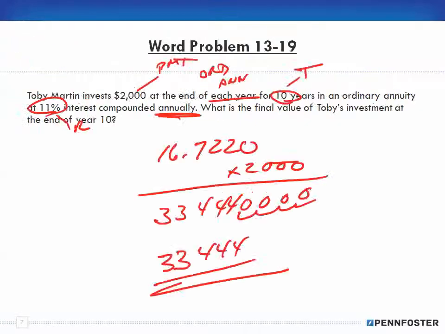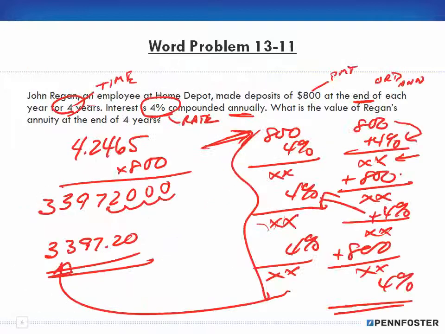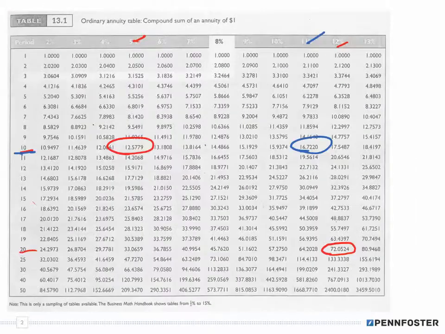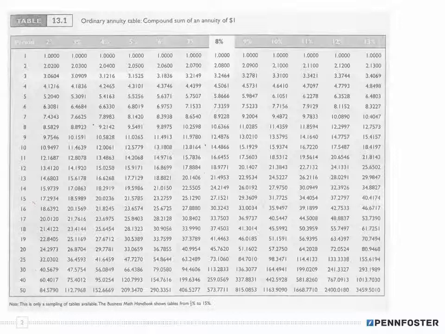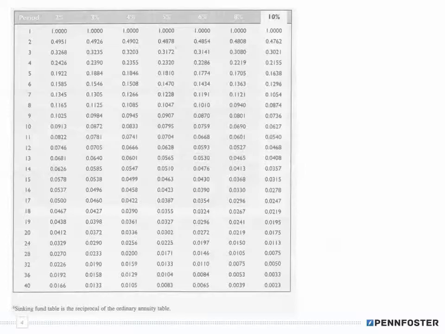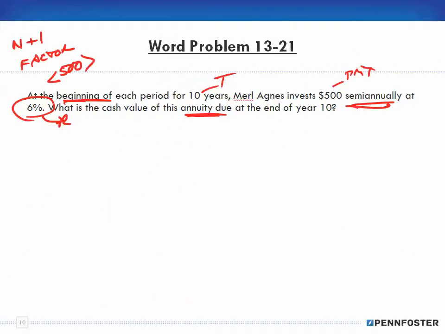So let's jump up to the table. I'm going to erase the lines. This is semi-annually, and so it's for 10 years.